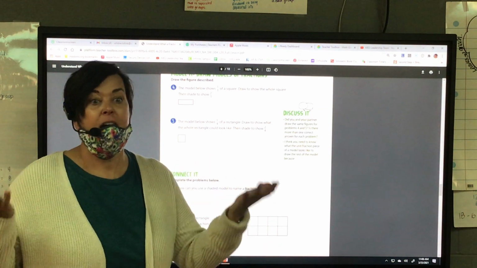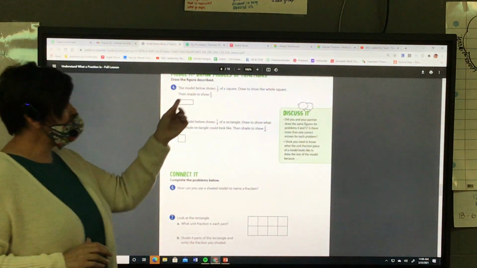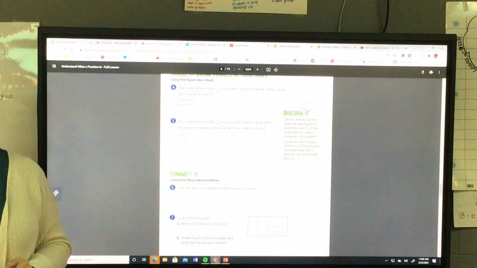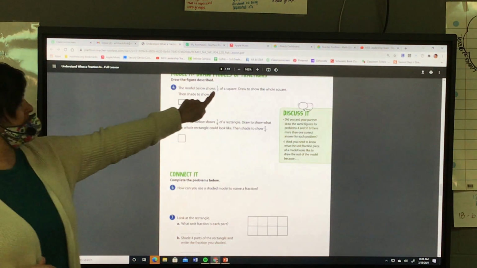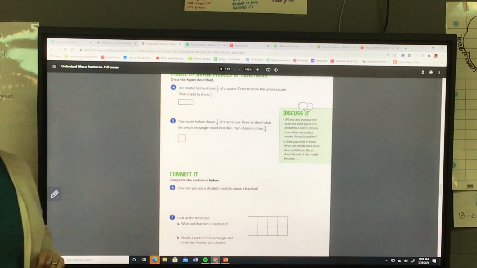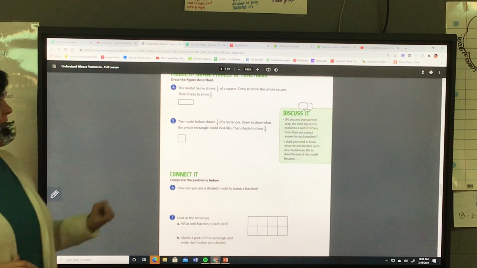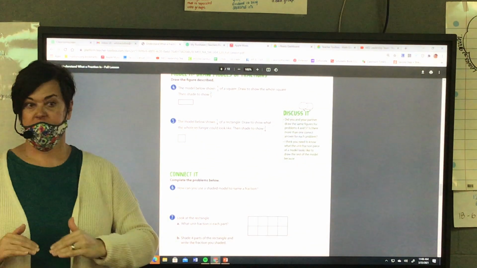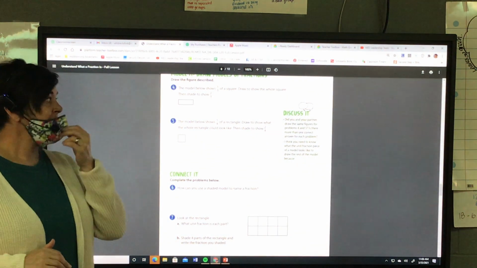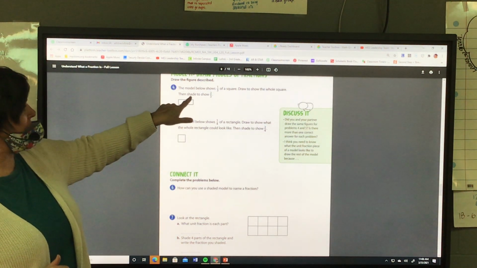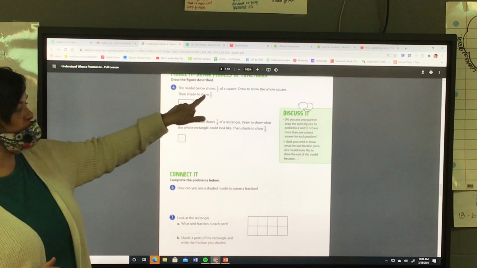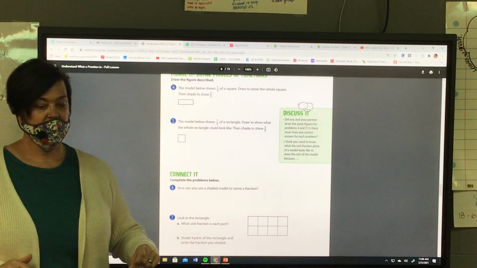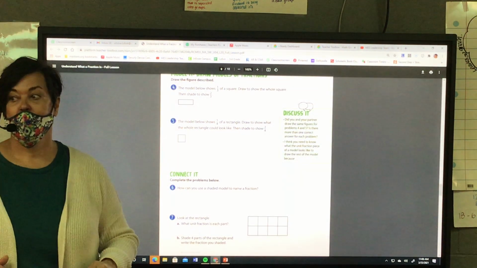Because it needs to end up being what shape? A square. How much of it have they shown you? 1/3 of it. You have to draw what? How many more thirds? 2. And then you are going to shade to show what? 2/3.